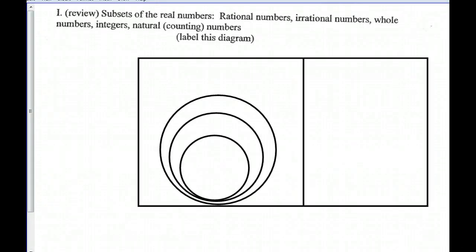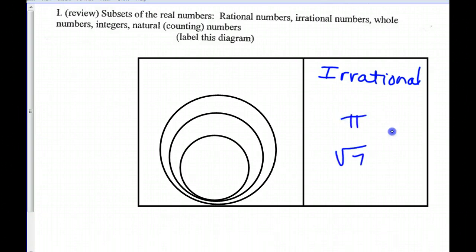All right, so let's see if we can fill in this little chart with all this information. What's the oddball out that we only have a few of? Irrationals. And can you give me a couple examples to write in here? Pi, square root of 7, square root of 231, all kinds of ugly stuff, right? e.